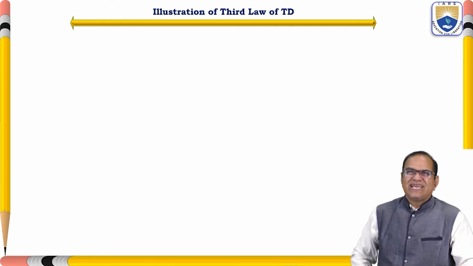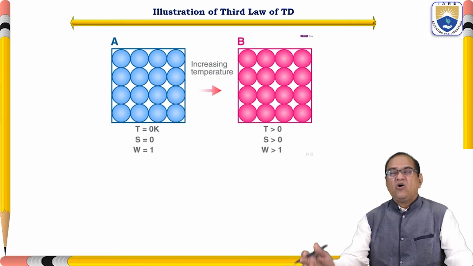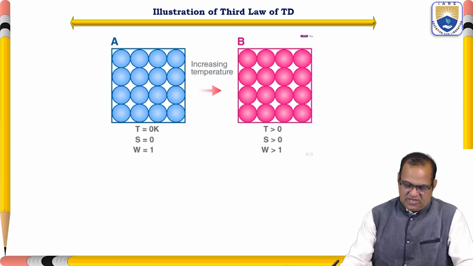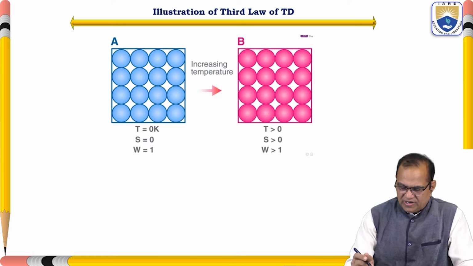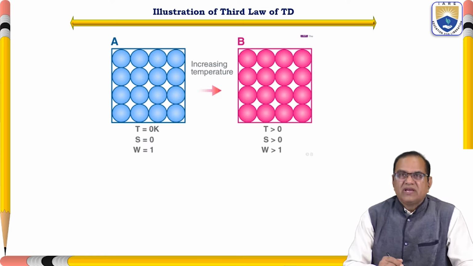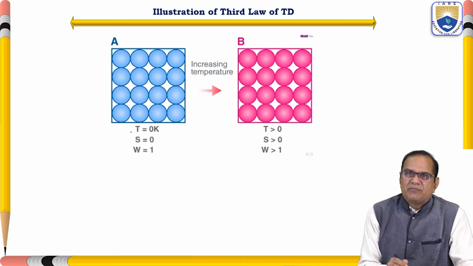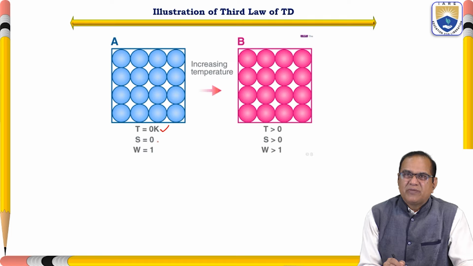So in this we can see how these things are happening. So here we have, at absolute temperature 0, that is called 0 Kelvin, your entropy will be 0 and this W will be 1.